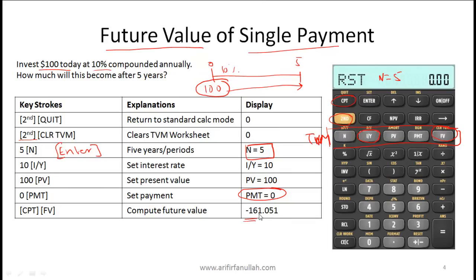The reason there is a minus is that if you put in a positive number over here, the calculator assumes that you are, let's say, putting money into a project, and then at the end of 5 years, if you are taking money out, that's money in the opposite direction, and the sign then will be opposite to what you had put in at the beginning. Had you entered PV equal to minus 100, then you would have had a positive sign for the future value.